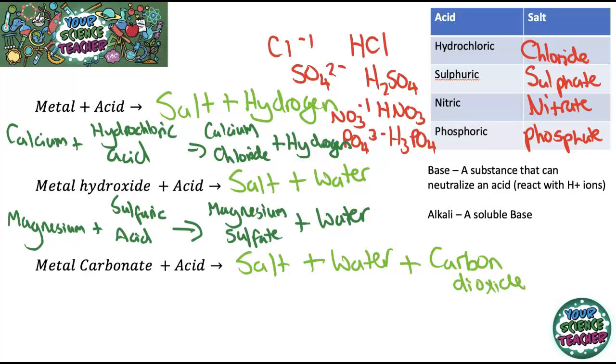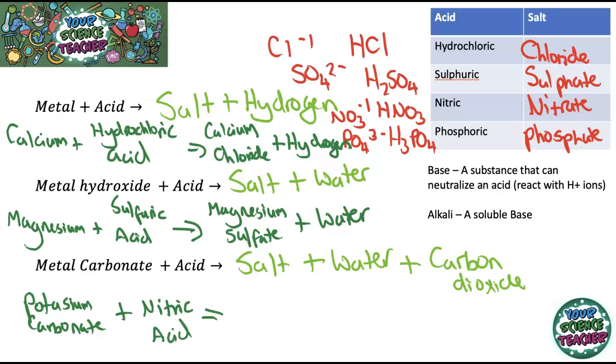Moving on to looking at what my metal carbonate and acid would do, I'll switch up my metal one more time. This time I'll use a group 1 one, so let's pick potassium carbonate. And this time I'm going to react it with nitric acid.